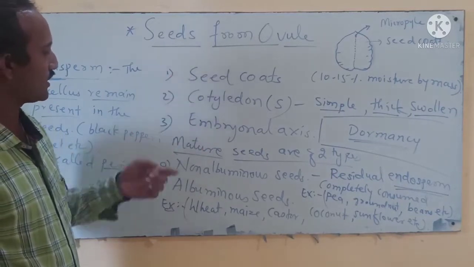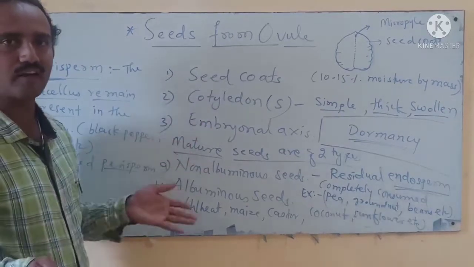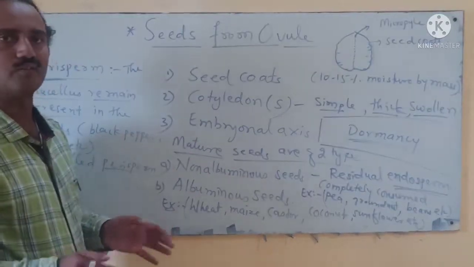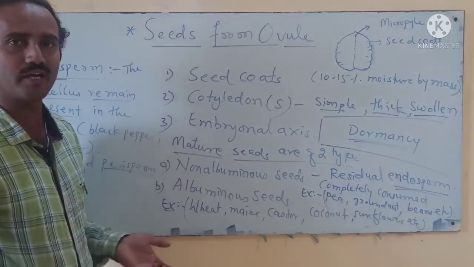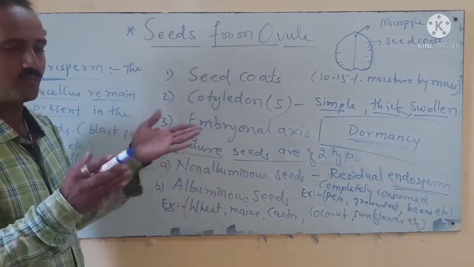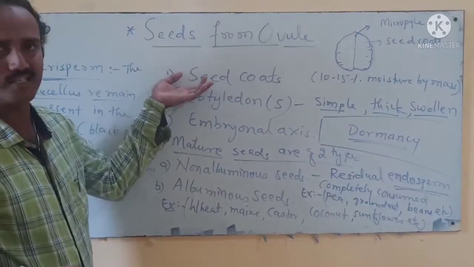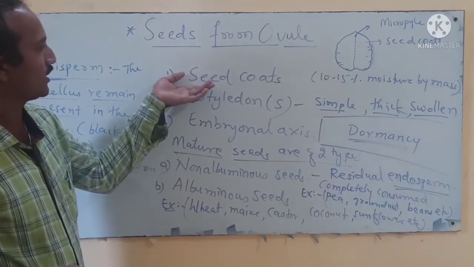The seed coat is the protective covering formed from the integuments. When they become hardened and tough, they become the seed coat.